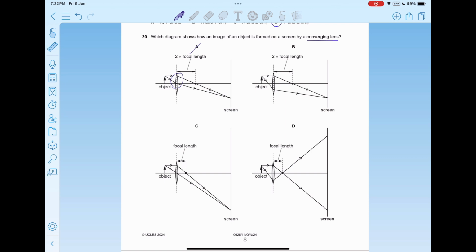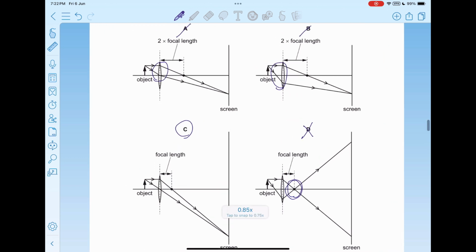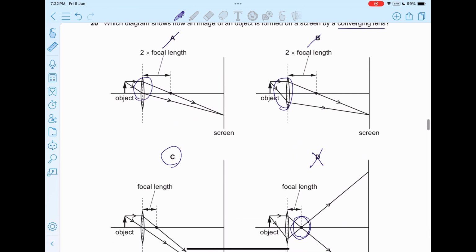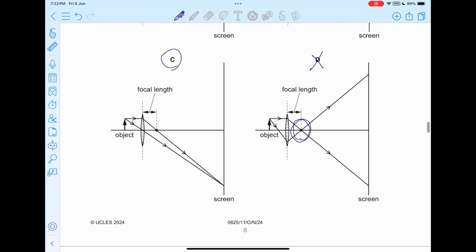That should not occur since it's going through the horizontal line. And B is also incorrect because if the focal length is twice, then it means the object is going to form an image at the back. D is obviously a wrong picture, so C is the only right answer. You can also just remember the picture of C for converging lens. That's correct.